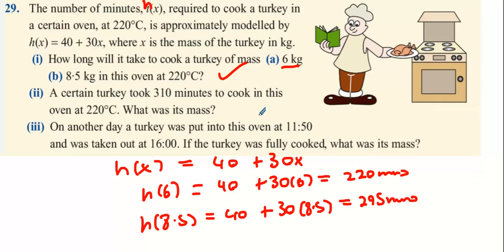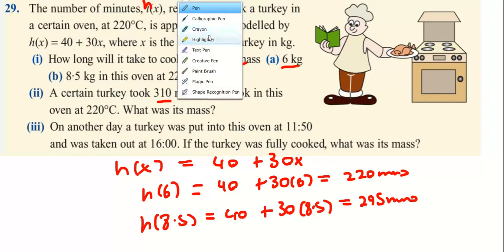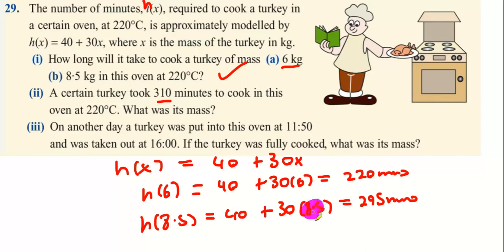A certain turkey took 310 minutes to cook. Do you think it's bigger than 8.5 or smaller than 8.5? How do you know it's bigger? It took longer to cook, so you're expecting an answer bigger than 8.5.